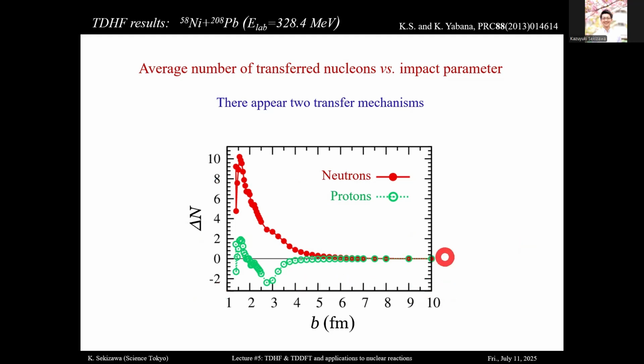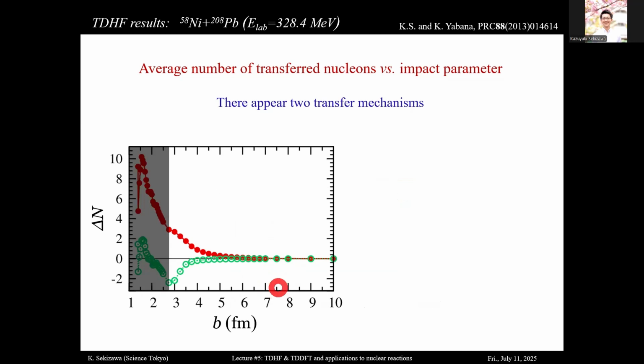When the impact parameter is large, the two nuclei do not collide, so the number of transferred nucleons is almost zero. But as the impact parameter decreases, the two nuclei start colliding deeply. So here we have some transfer of neutrons from lead to nickel, and here we have transfer of a few protons from nickel to lead. So the direction is different here and here.